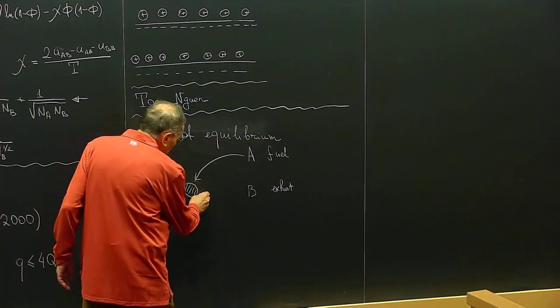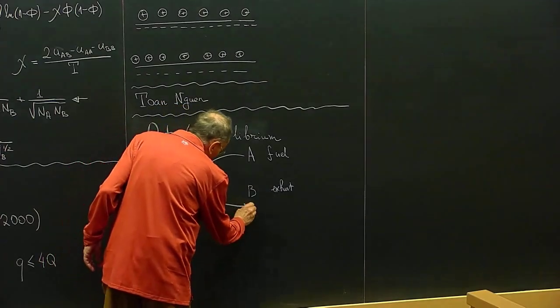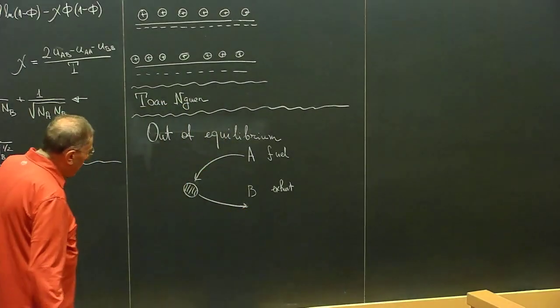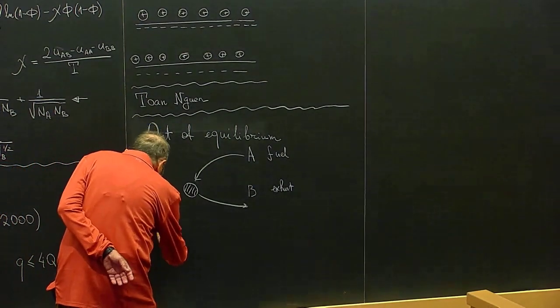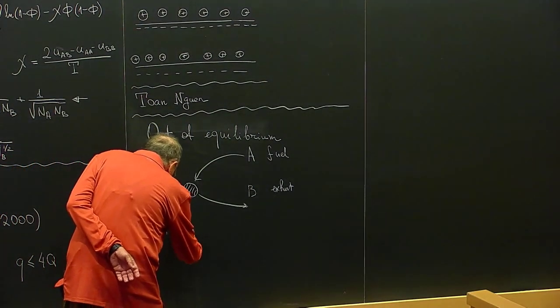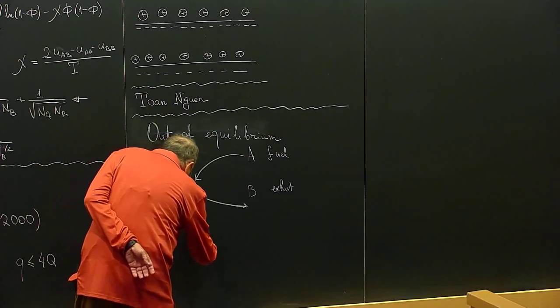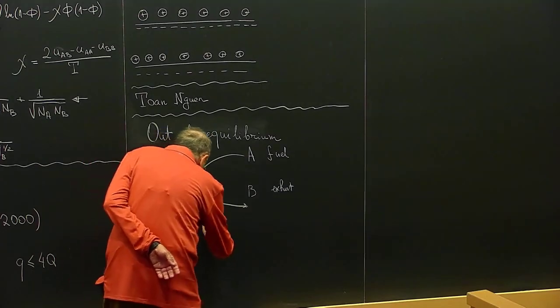This is a catalytic particle that transforms A to B, and as a result, there is a flux. And the concentration of A is in steady state like this.